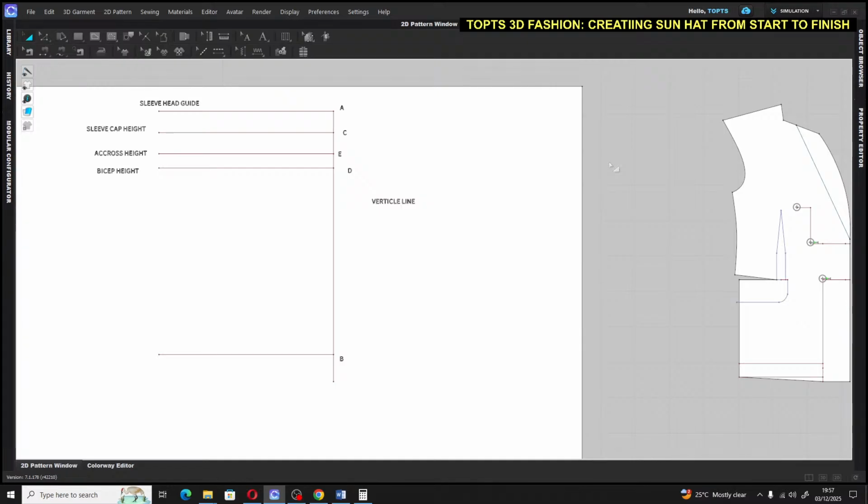So to get the elbow line, we are going to get D to B. Are we together? We are going to get the distance from D to B divided by 2.